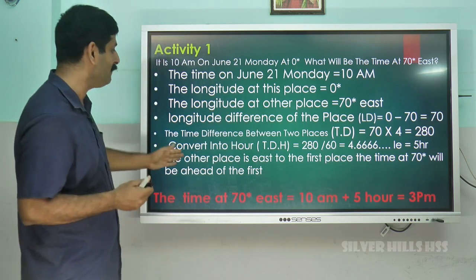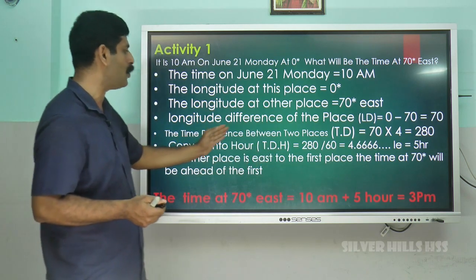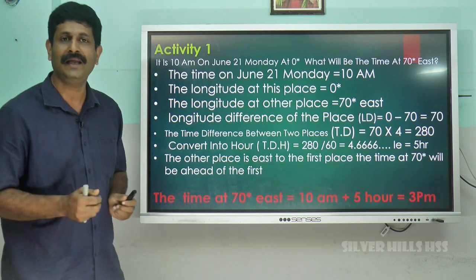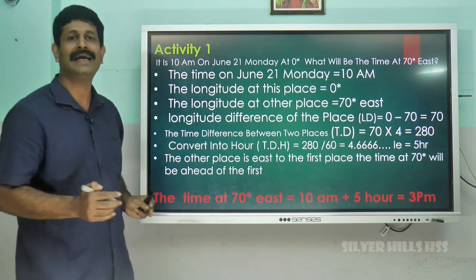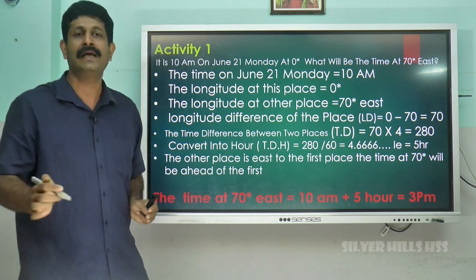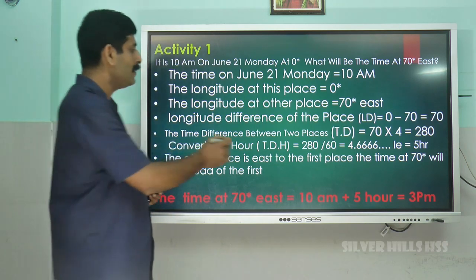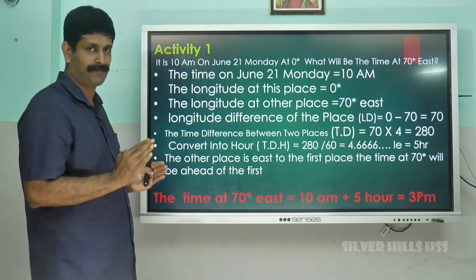Then we are converting this into hours, that is TDH. 280 divided by 60, we will get around 4.66. We will make it 5 hours itself, because we shift the 6 here, so we get around 5 hours.